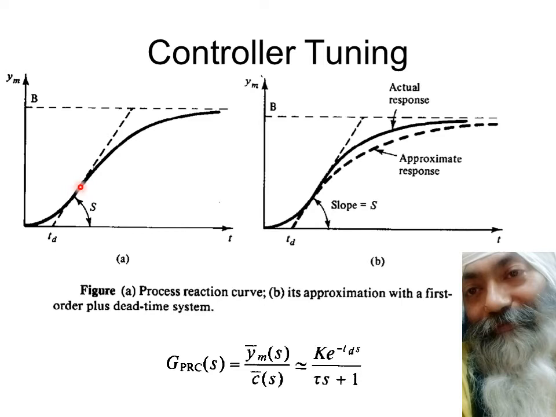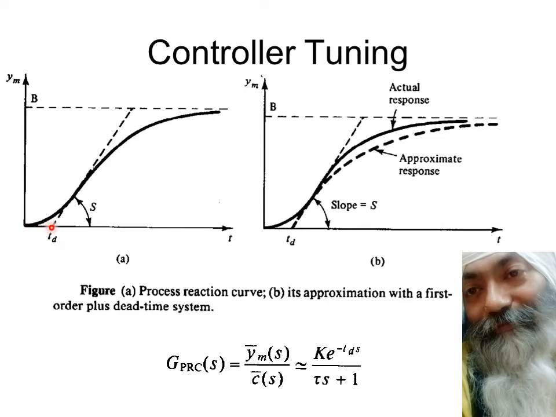So what we do is we draw a tangent at this point. Whatever is tangent to this curve at this point, the slope of that tangent is taken as S. So this S is one parameter which we have seen from the curve, and wherever this tangent intersects the x-axis, that interval is taken as td.